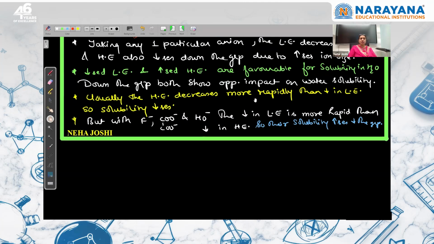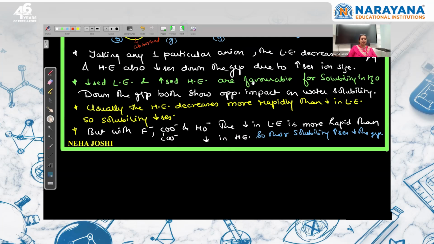Usually, the hydration energy decreases more rapidly than the lattice energy, so usually solubility decreases. But with the exception of fluoride, oxalate and hydroxide, the decrease in lattice energy is more rapid than the decrease in hydration energy, so their solubility increases down the group. Please keep this in mind.